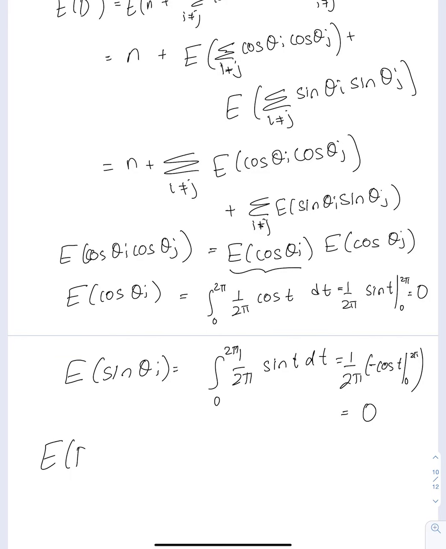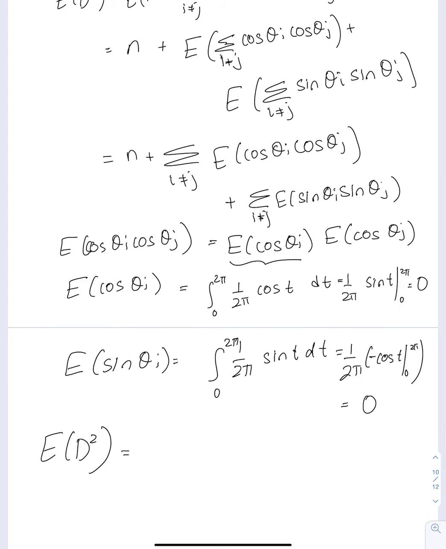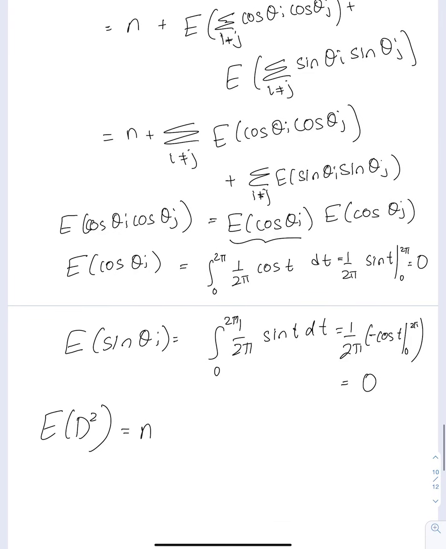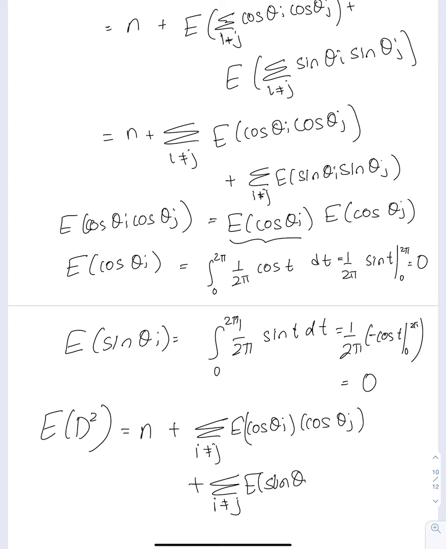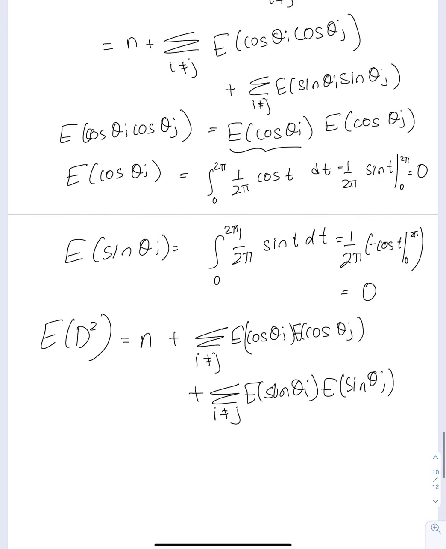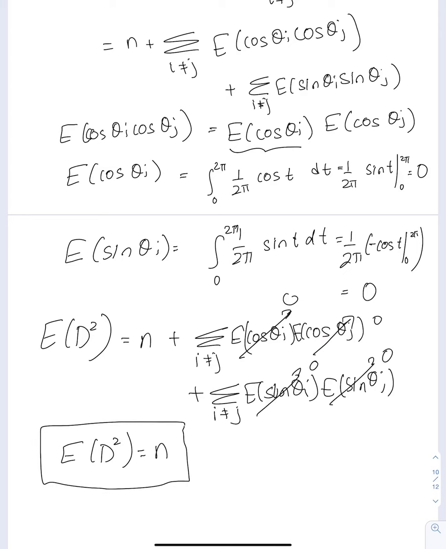So you do finally have that the expectation of d squared, which we saw was n plus the summation i not equal to j of the expectation of cosine theta i times the expectation of cosine theta j, plus the summation i not equal to j of the expectation of sine theta i times the expectation of sine theta j. Each one of these is 0, so the expected value of d squared is in fact n.